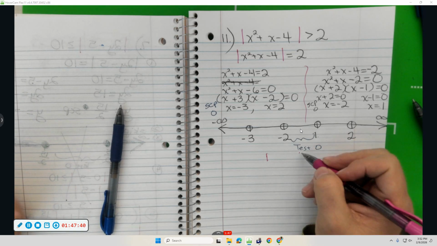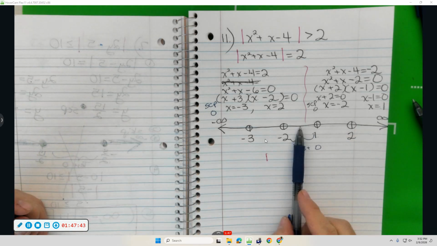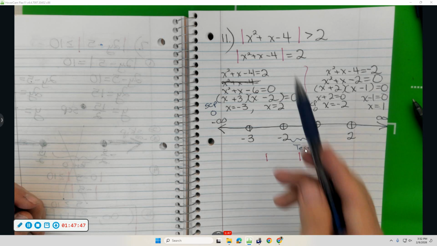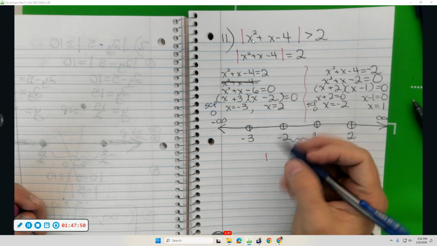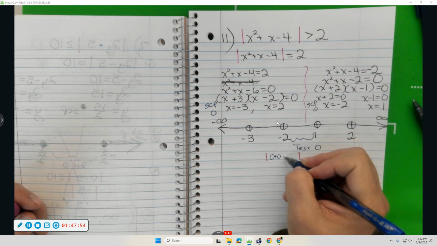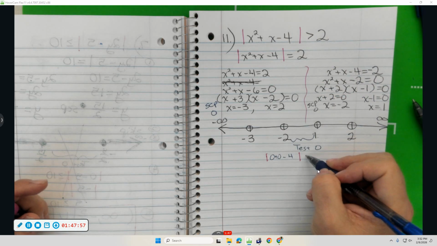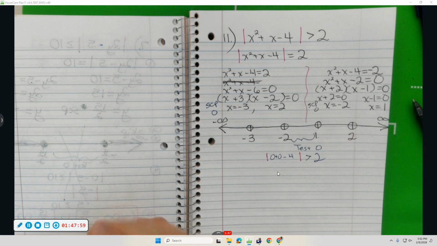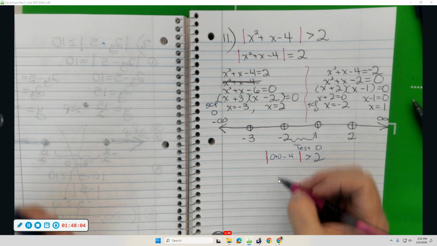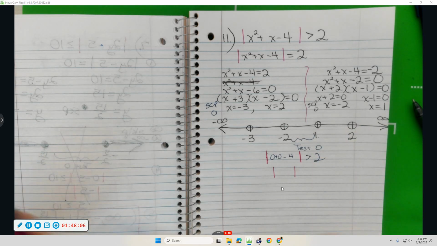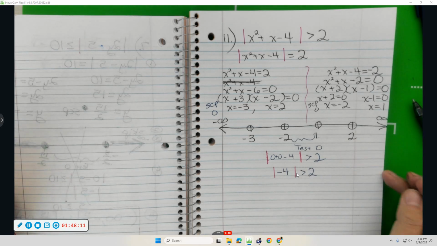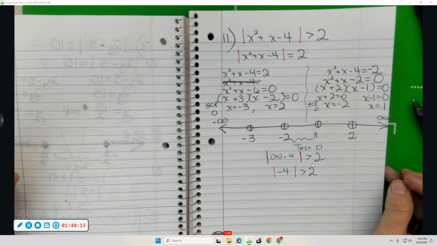But you have to plug it in. The 0 is between a negative on the left, a positive on the right. Plugging in 0, we get 0 squared, which is 0, plus 0, minus 4 is greater than 2. Okay. 0 plus 0 minus 4, that's a -4. True or false? This is where some people say false, but wait.